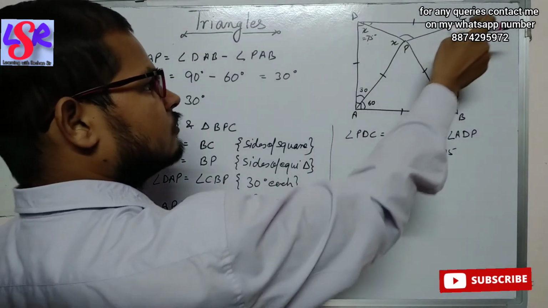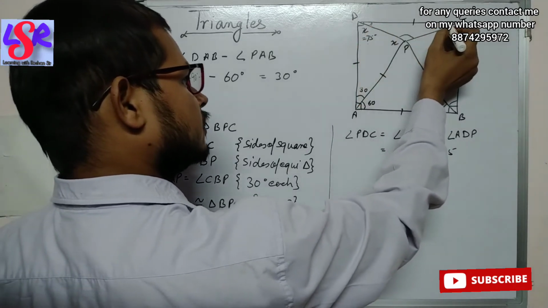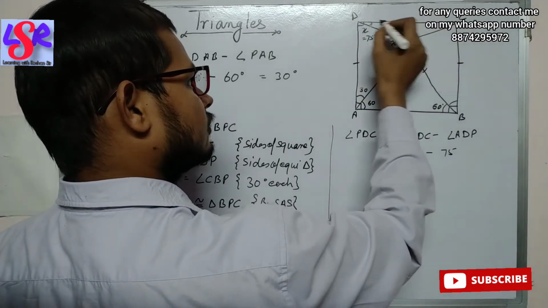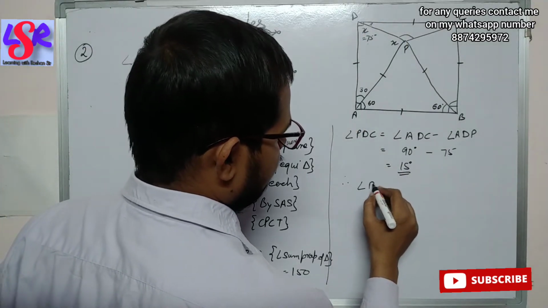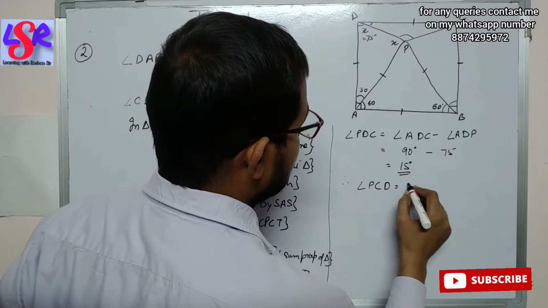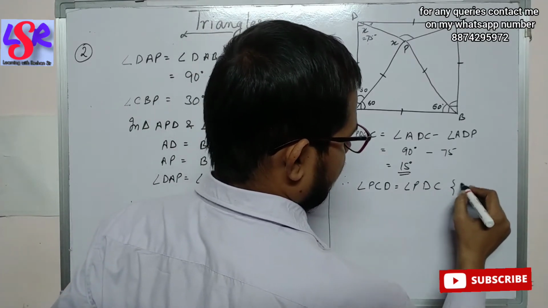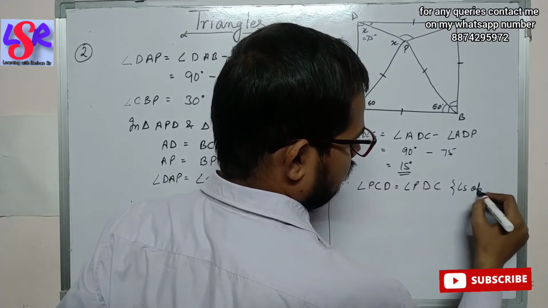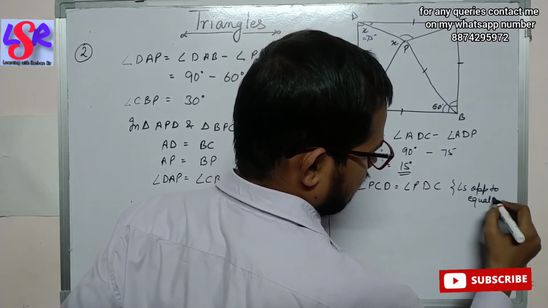Now as DP equals CP, this angle will be equal to this one, as angles opposite to equal sides are equal. Therefore we have angle PCD equals angle PDC, angles opposite to equal sides.